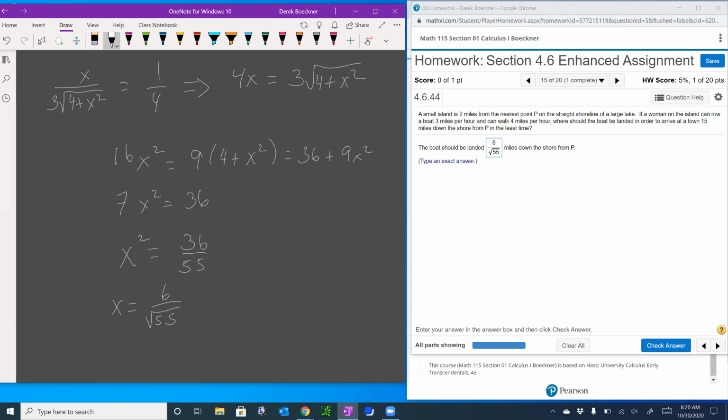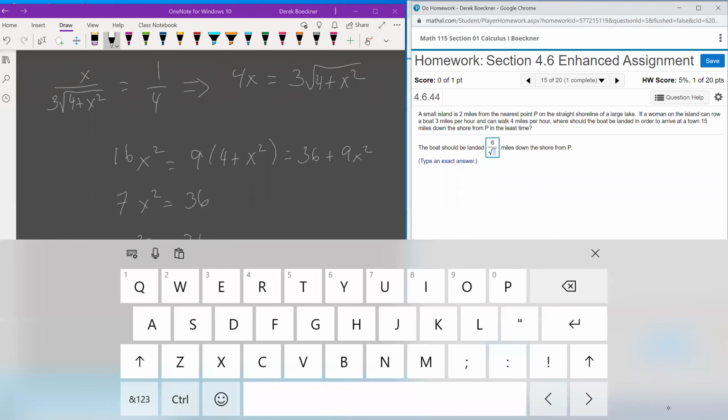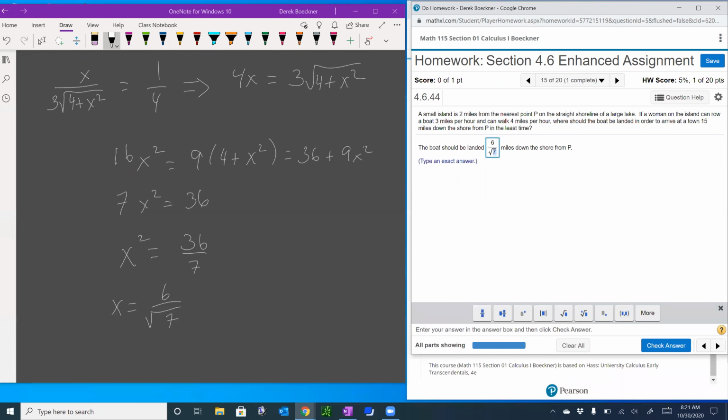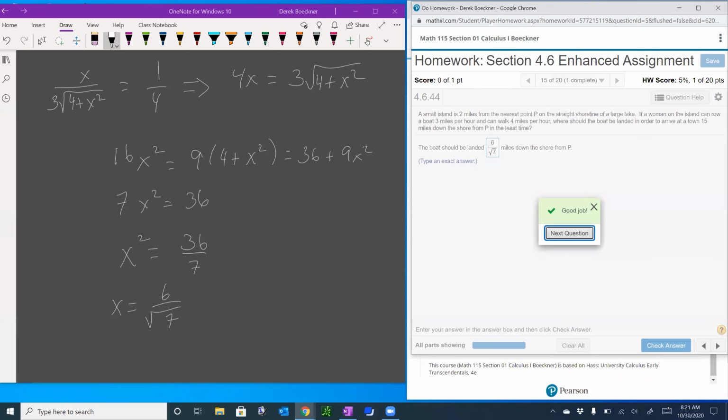Subtract that off, you get 7. So not the square root of 55, but the square root of 7. I didn't screw it up again, did I? There we go.